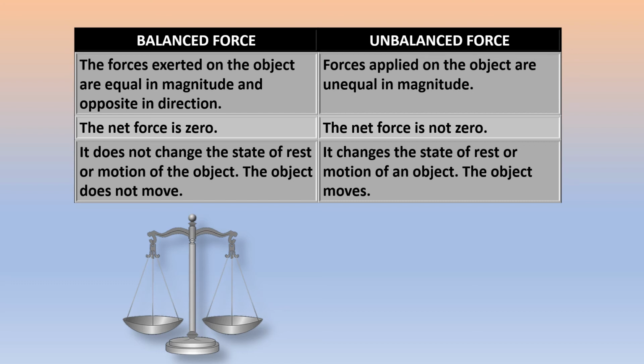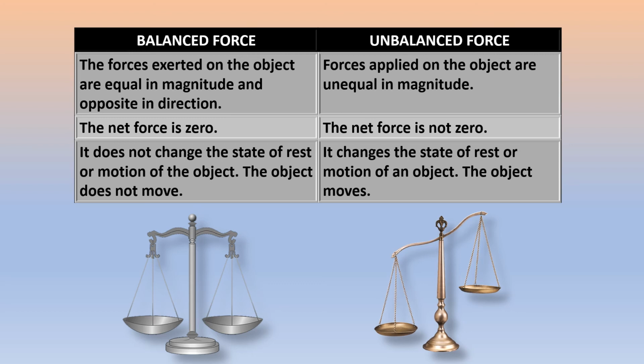Whereas in an unbalanced force, the forces applied are unequal. Therefore, the net force or the total force is not zero. This unbalanced force changes the state of rest or movement of an object, and therefore the object moves.